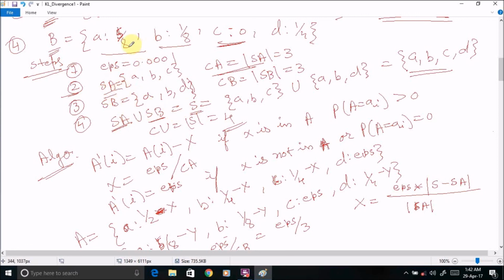SA represents the non-zero or available events from the probability distribution A. SB represents the set containing events which exist in probability distribution B, or having non-zero probability.